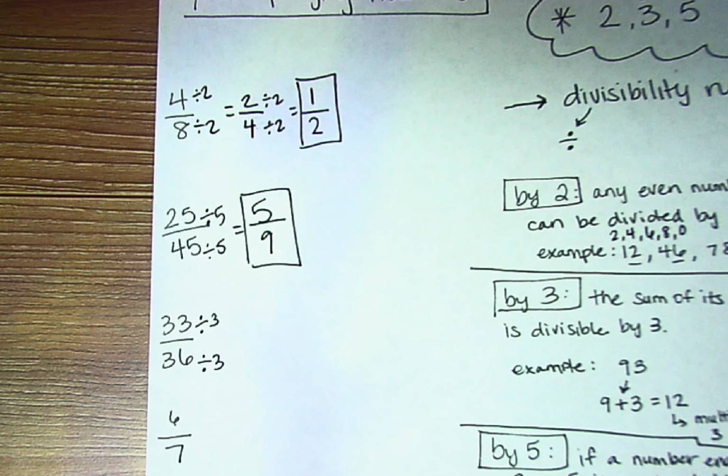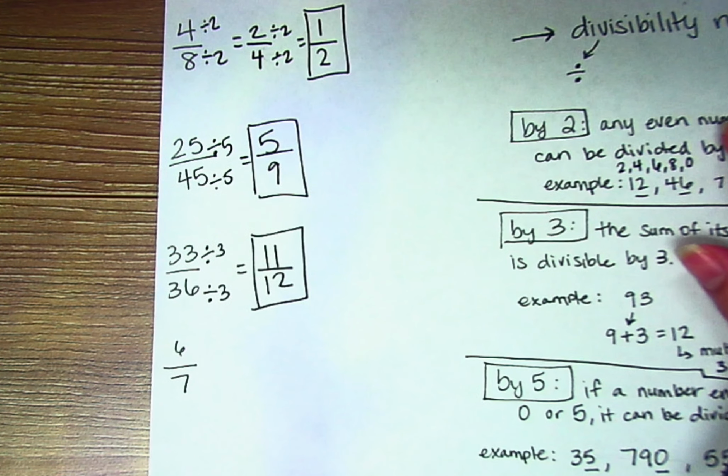Sometimes you have to play with the magic numbers, just see which ones you can divide the top and bottom number by. Okay, so 33 divided by 3 is going to give me 11, and 36 divided by 3 is going to give me 12. I can't make that any smaller. I'm just going to put a box around it because that's my answer.